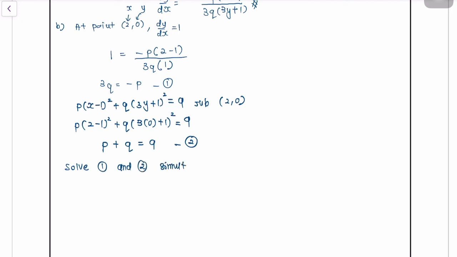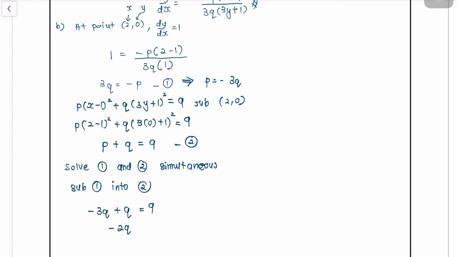Okay, so selesaikanlah guna cara apa-apa pun. Nak substitute ke, nak eliminate ke, tak ada masalah. So for example, kita sub 1 into 2. Okay, ni daripada sini kita dapat p equals to negative 3q kan. So masuk je lah. So negative 3q plus q equals to 9.